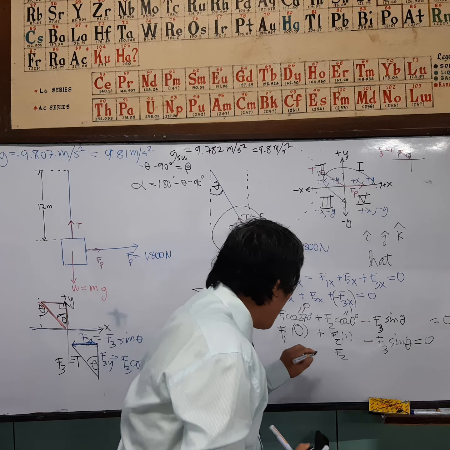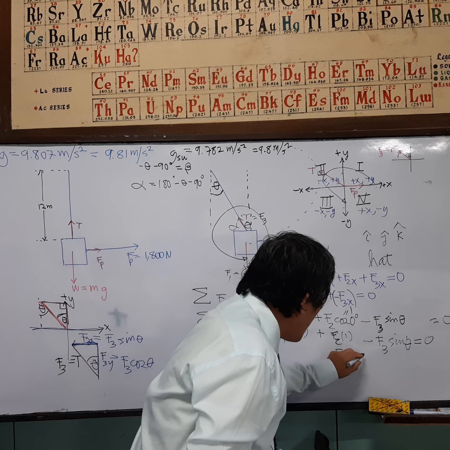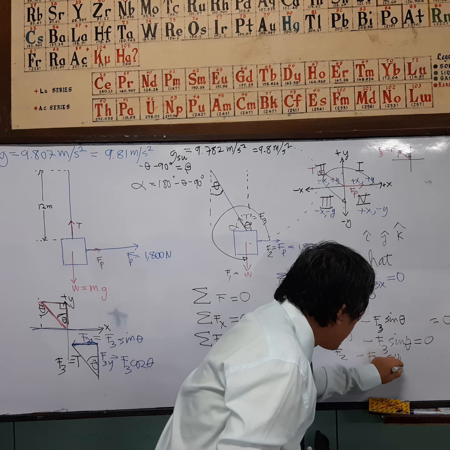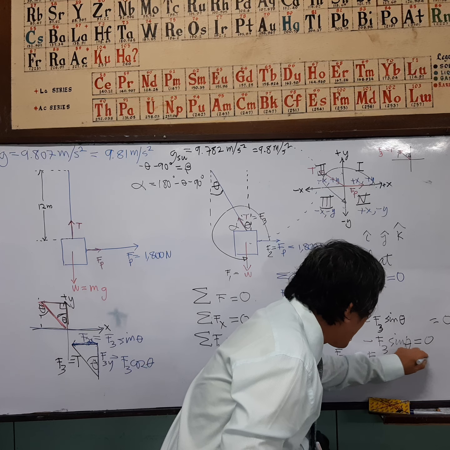So what happens now? You will have F2 minus F3 sine theta equals 0.